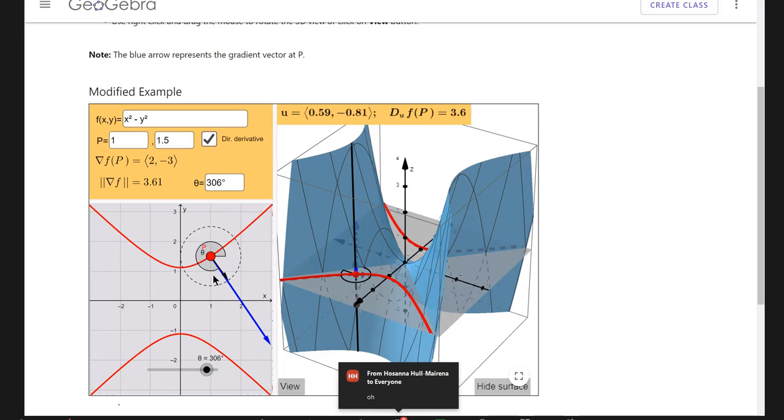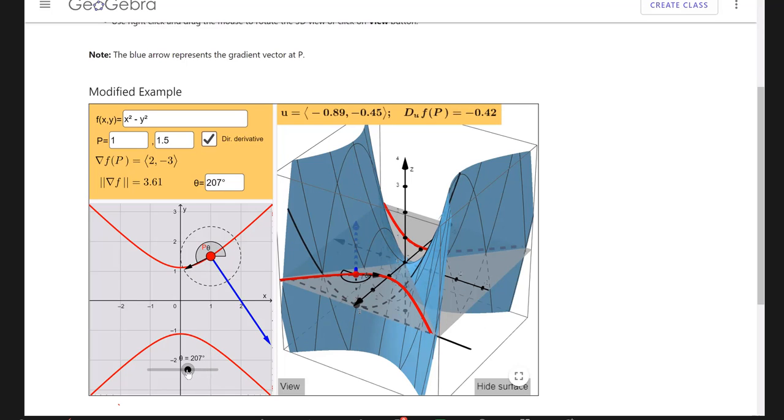And notice, how do we normally compute the directional derivative, folks? We dot the gradient with our direction vector. And in fact, notice right here where I'm moving along this contour line, my directional derivative is very, very close to 0, and it would be 0 if I could fine tune it.